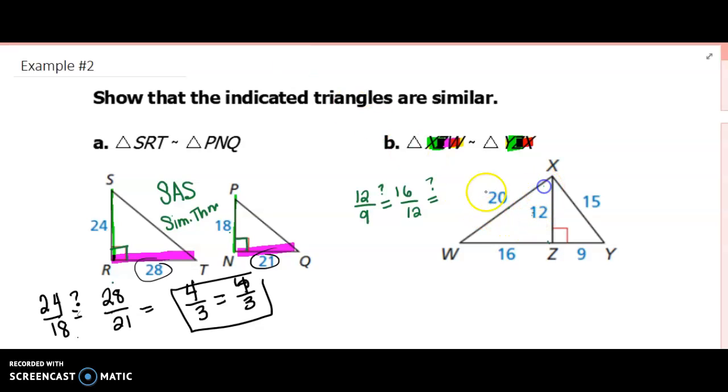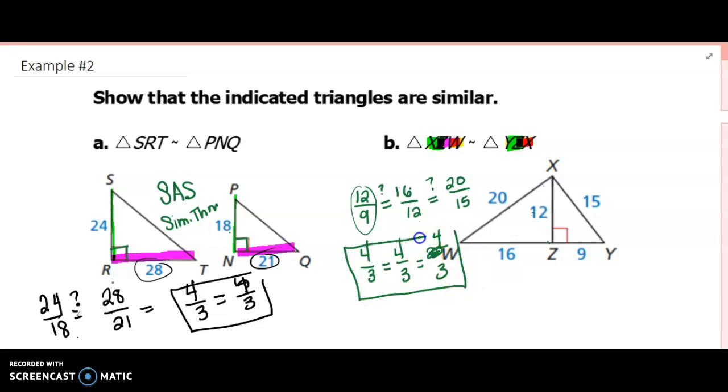So XW is 20, YX is 15, so if I reduce all these, 12 over 9 reduces to 4/3. 16 over 12 reduces to 4/3, and then 20 over 15 reduces to 4/3. So they all do have the same proportion. And so yes, they are similar by the side-side-side similarity theorem.